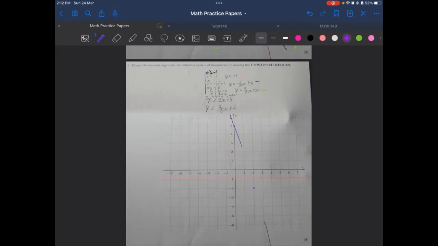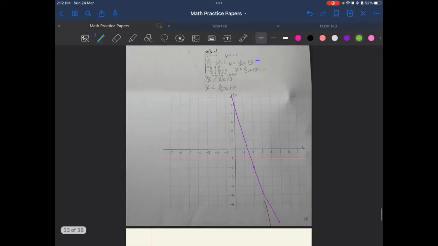Draw the line. Then the next one is positive 2. Then we go up 2, 1, 2, and then go over 3, 1, 2, 3. Right here, (3, 4). Then we draw a line.